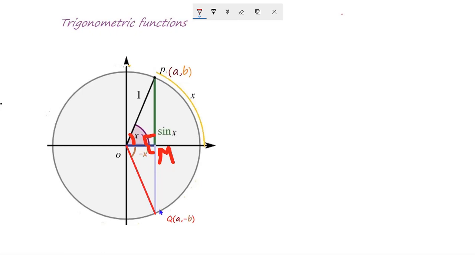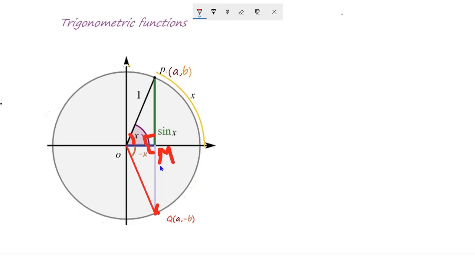Here actually when you take the point Q, it is minus x, but when you consider the triangle, the angle of a triangle cannot be negative, therefore this angle is also x. And OP and OQ are the radii of the circle. They are definitely equal, and therefore these two triangles OMP and OMQ are congruent triangles.